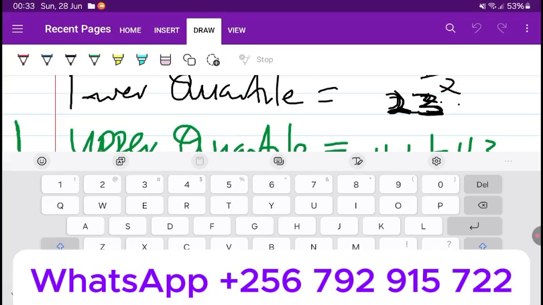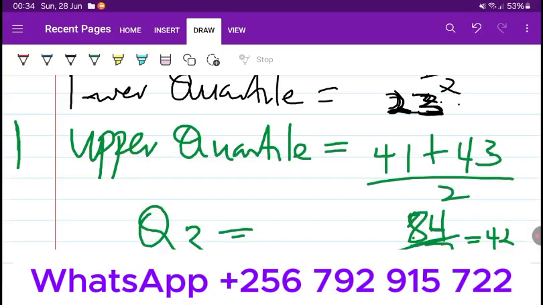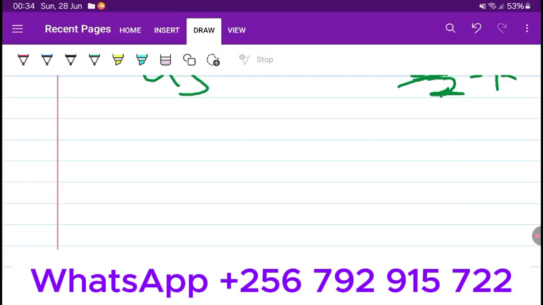But since we have the possibility of having outliers, we are going to indicate it, but we shall give the final figures.